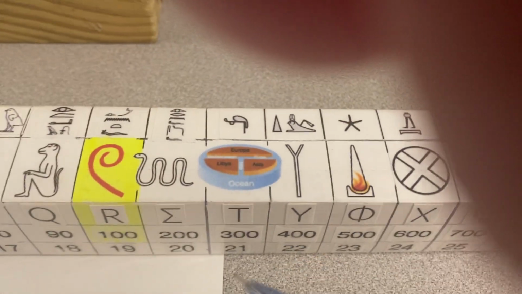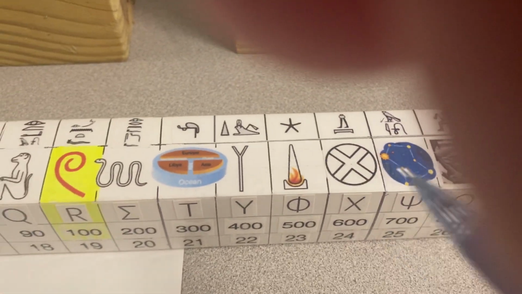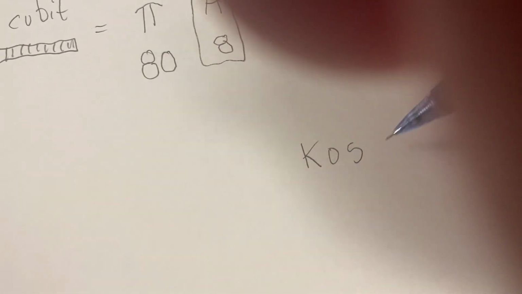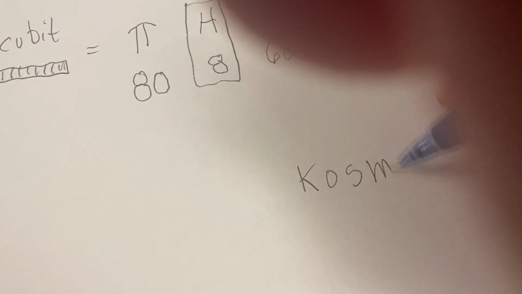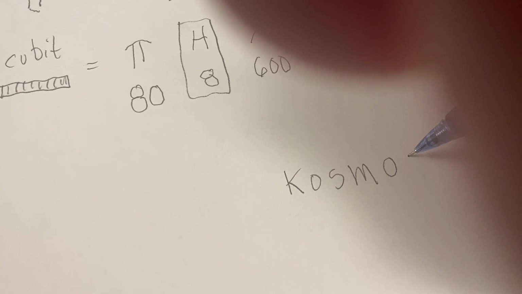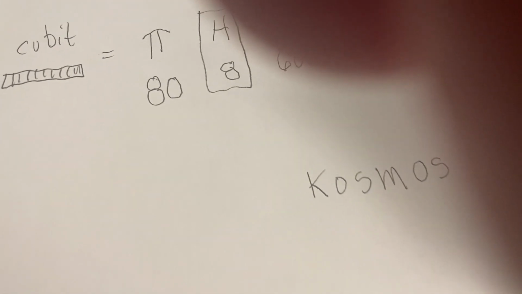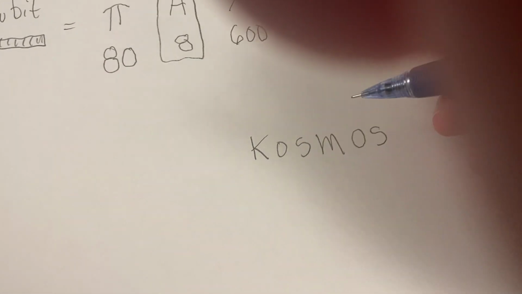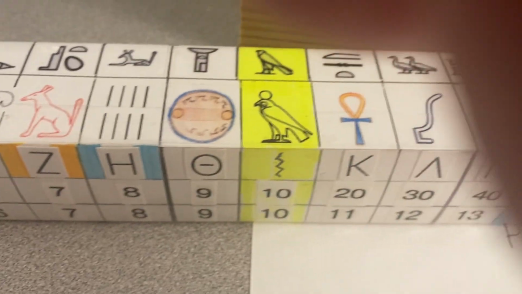And the reason why this is cosmos is because if we look at cosmoses. K is 20.